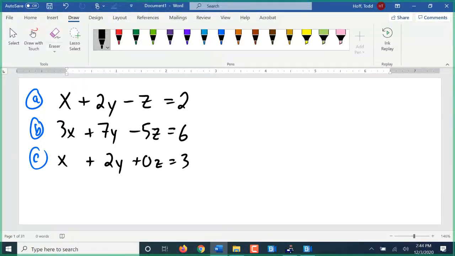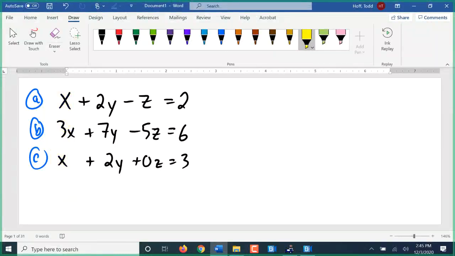Now, there really isn't an obvious variable to cancel out here. x wouldn't be horrible to cancel out because I've got an x, a 3x, and another x. I can multiply equations A and C by negative 3 to make the x cancel out. But I'm going to save us a little bit of work.